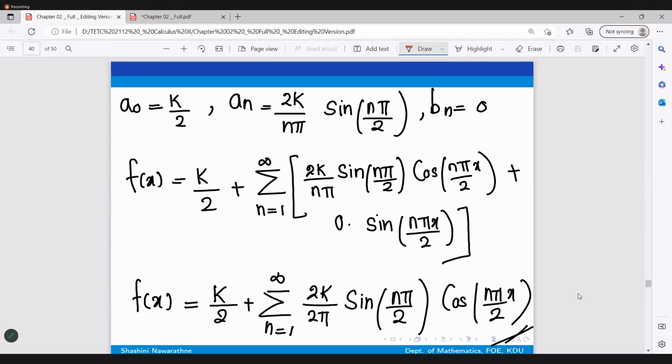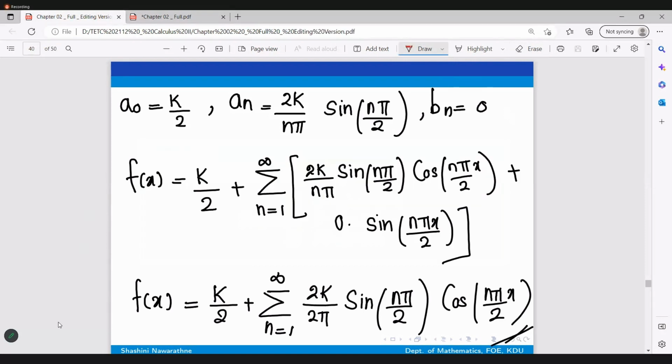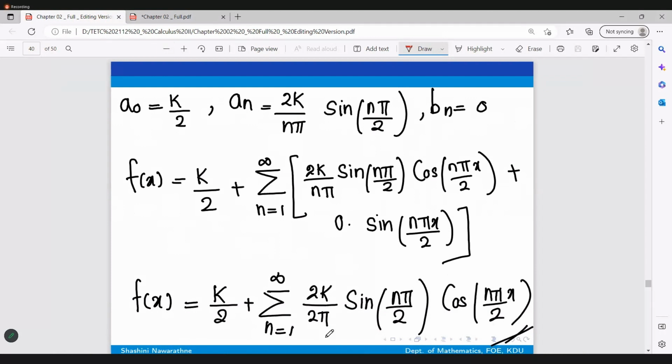Try to do the example. K over N5 where is it?